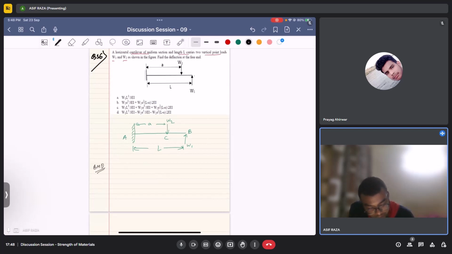Due to W1, my bending moment diagram would be this, W1 times L, and this I'll take as positive, while this would be W2a, negative.